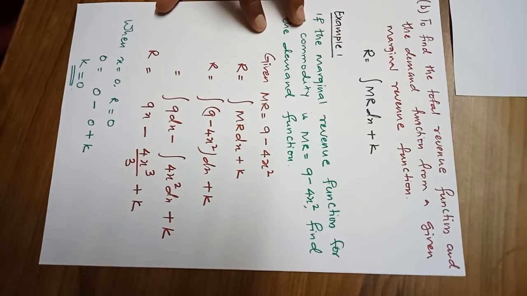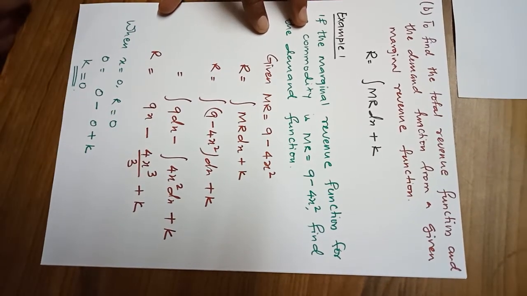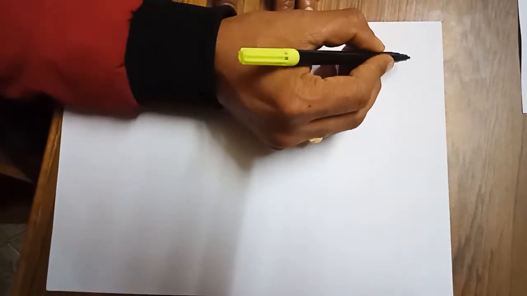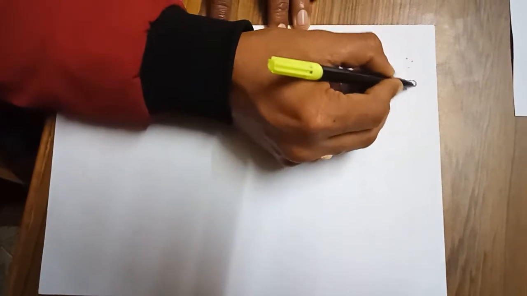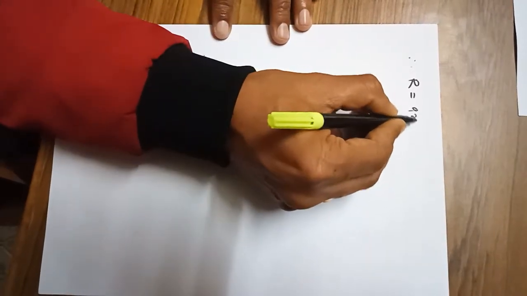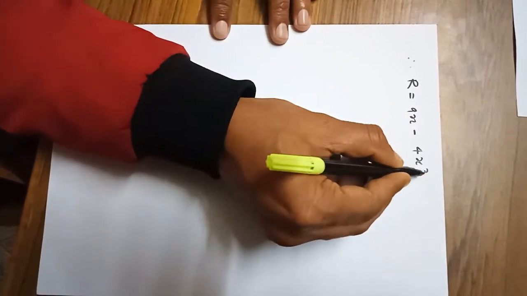Therefore your revenue function, you substitute in this function. Now you got the value of k, therefore R is equal to 9x minus 4x cubed divided by 3. So this is your revenue.